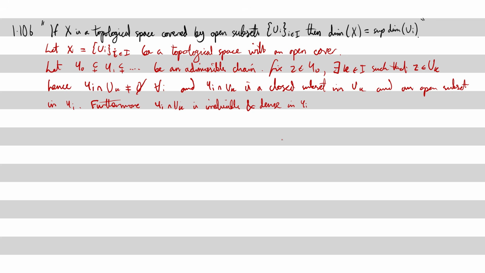Now, not only that, but any pair of closed subsets within yi is closed within X, and therefore you can intersect with UK those closed subsets, and those would be closed subsets which would union to it.